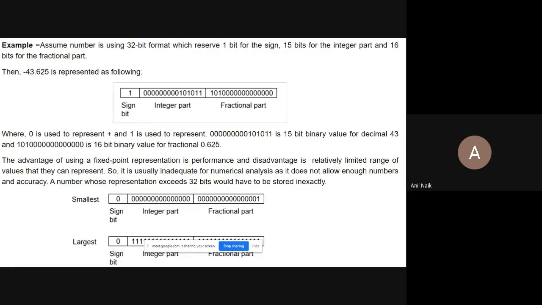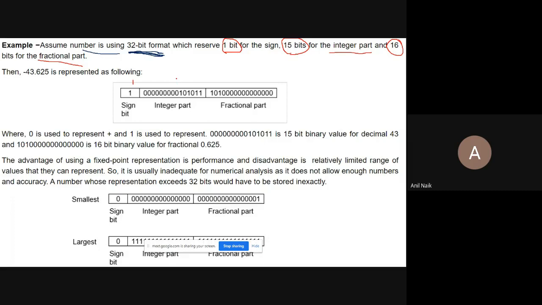So assume the number is in 32-bit format, which reserves 1 bit for the sign, 15 bits for the integer part, and 16 bits for the fractional part.